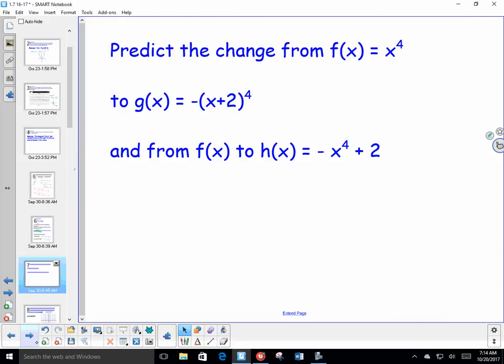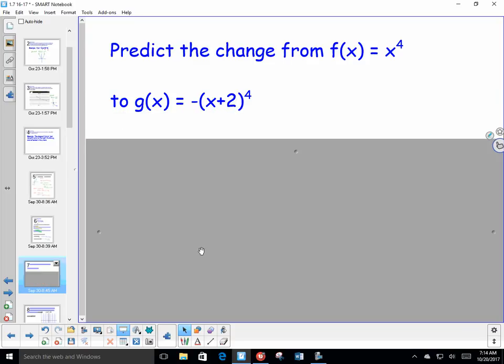All right. So let's take a look at this. Let's predict the change from f of x equaling x to the fourth to g of x equaling the opposite of x plus 2 to the fourth. Let's just start with that first example. So if you see the opposite of x plus 2 to the fourth, we know our parent function is just x to the fourth.